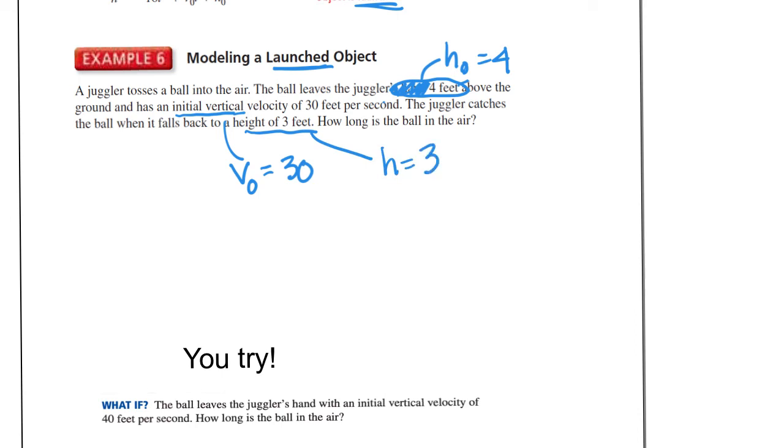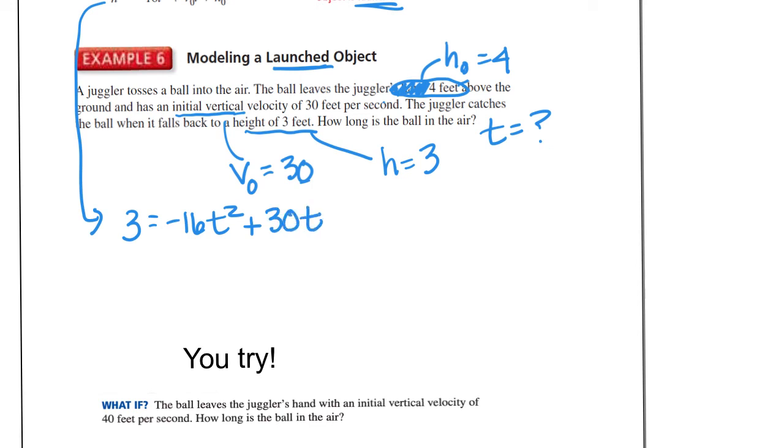And if they're saying how long is the ball in the air, that must mean we have no idea what t is. So let me put this together in my equation. So 3 is my h equals negative 16 t squared plus my initial velocity is 30 times t, just like what I have up there, plus my initial height, which is 4.